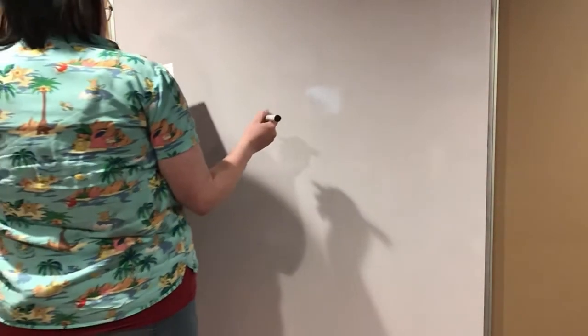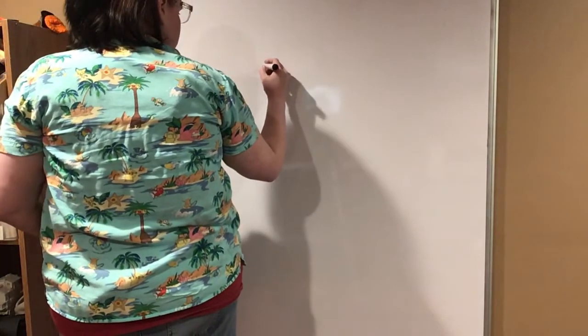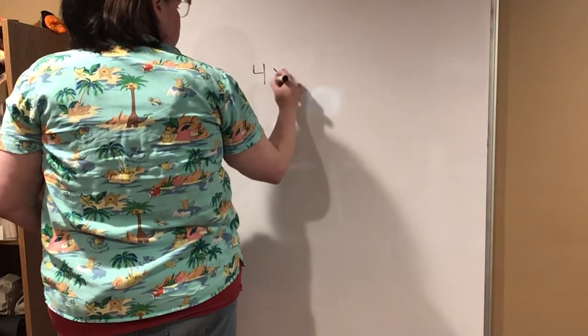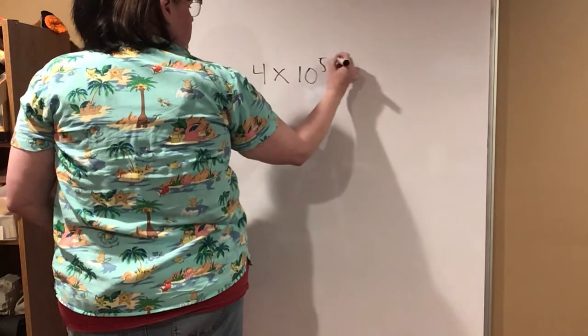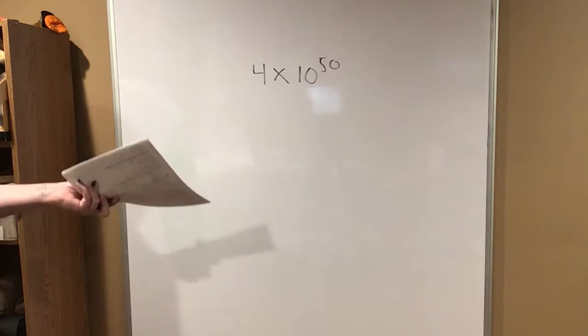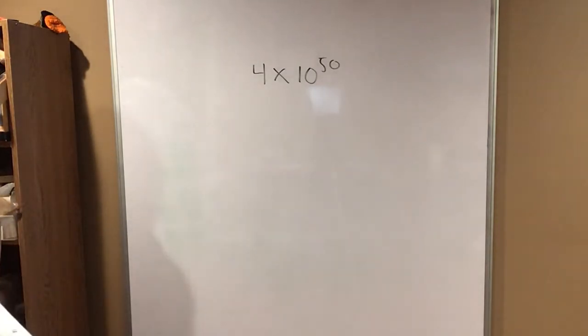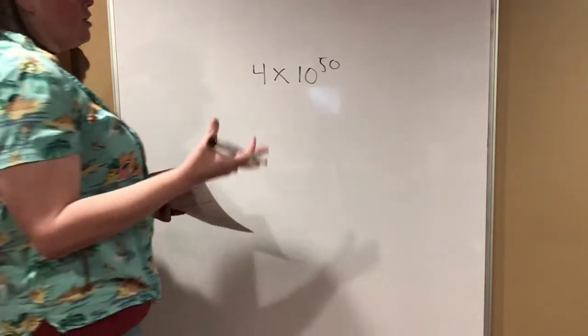Especially if we get a number like this. Do you want to write something like that out with 50 zeros? I don't think so. I wouldn't, personally. That's a lot of zeros. So this is why scientific notation is around.